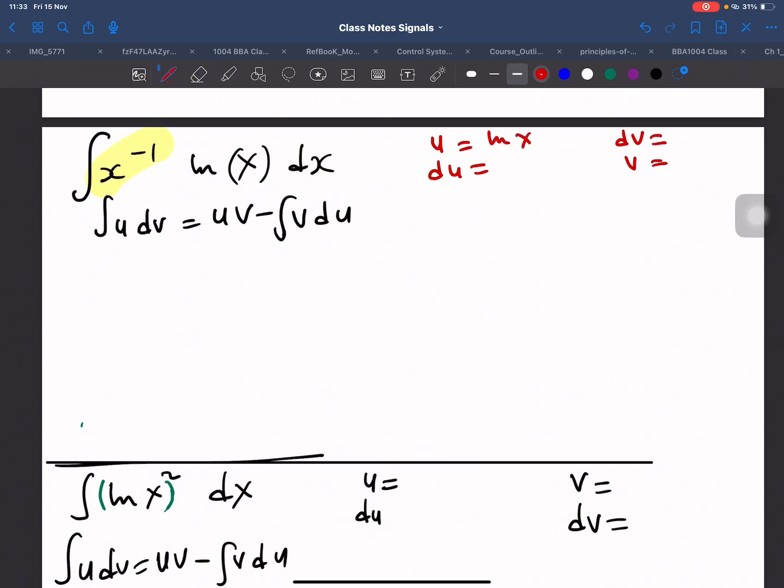And then du, from the example I gave, if you are asked to differentiate ln x, what you have is 1 over x dx. And then dv becomes x raised to power minus 1 dx. And then what is the integral of x raised to power minus 1? That is equal to ln x.